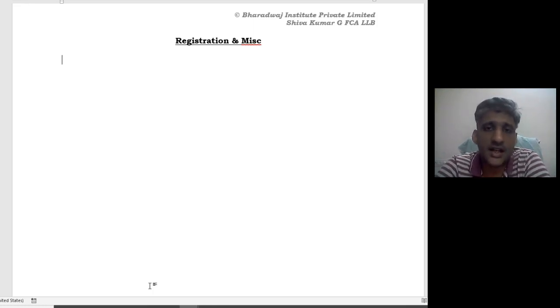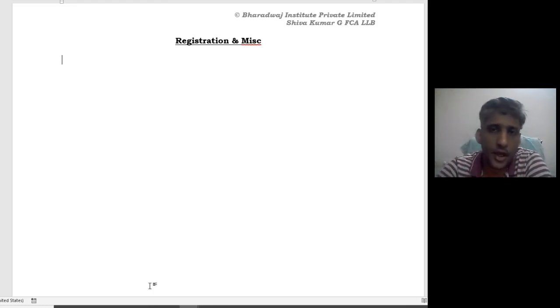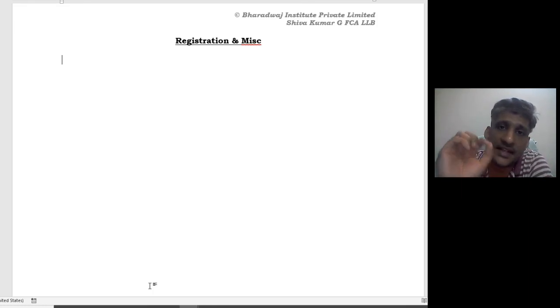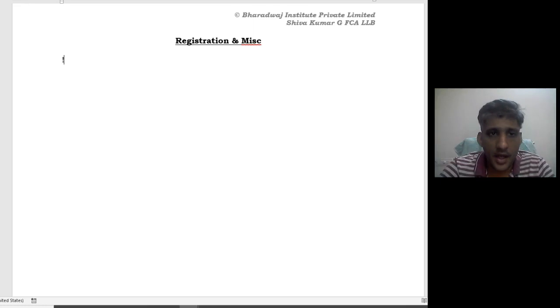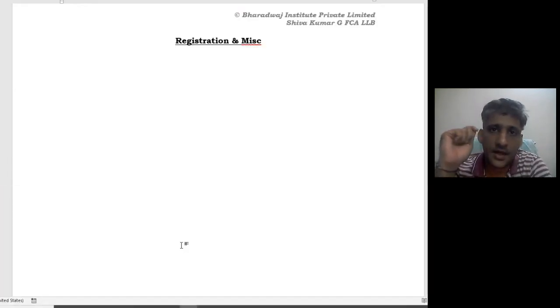Second was transactions between related persons, where we saw the definition, employee, all those things. Then transactions between distinct persons under section 25. This section 25 comes in the registration chapter.